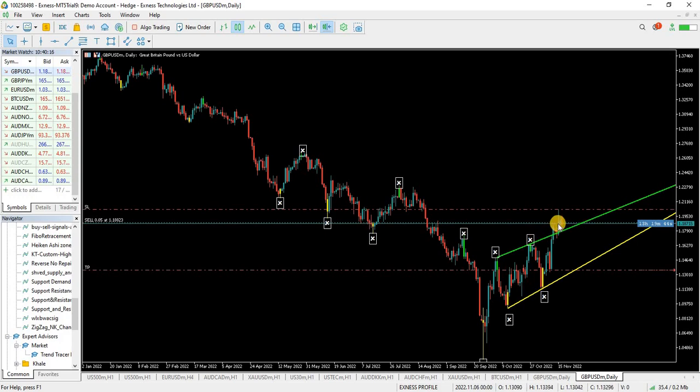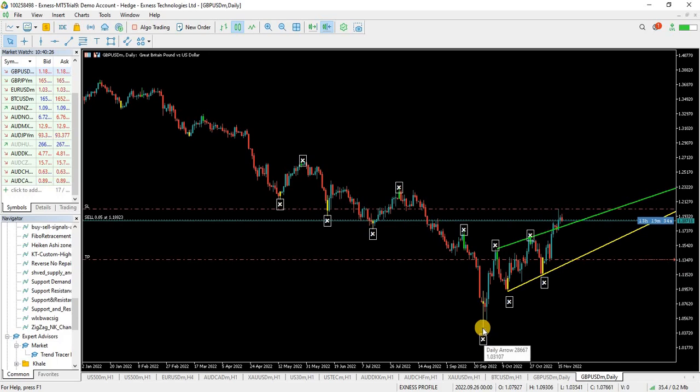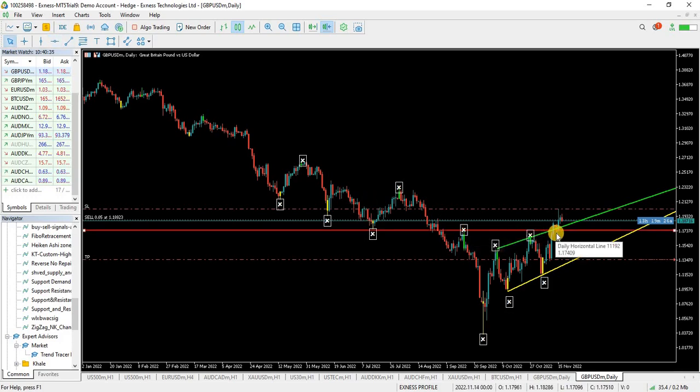And currently we've broken our previous high that created this low here. Our previous high that created this low here got violated. I put a line, you can see, got violated, and then we have created a new high. It's not yet confirmed, but on a lower time frame, a new high is formed.